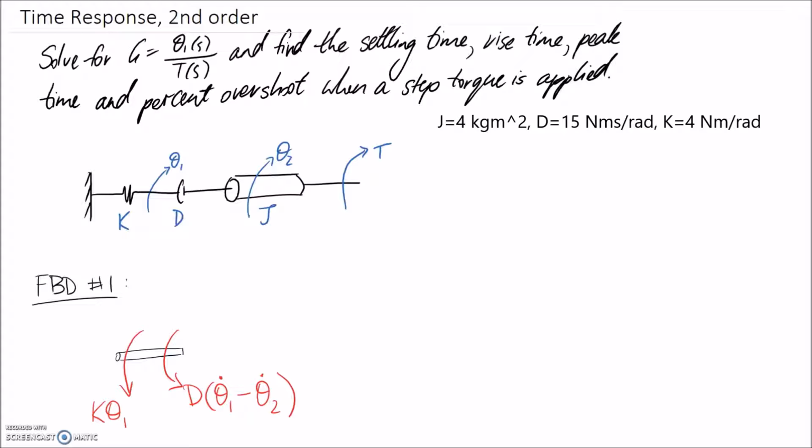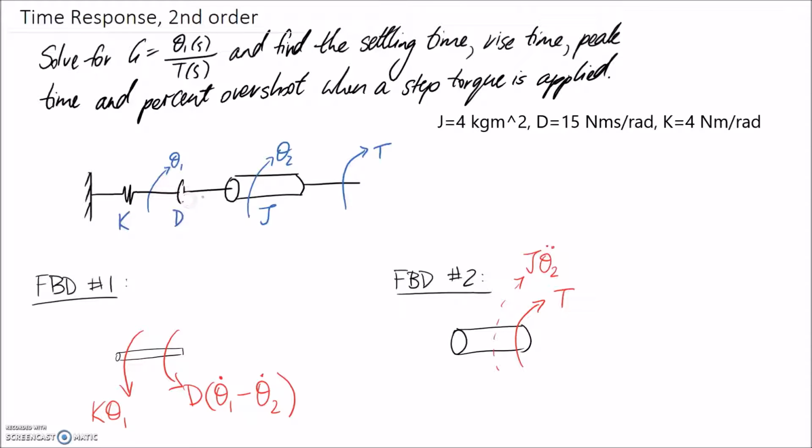Alright, so that's the first free body diagram done. Now let's do the second one, which is what's going on at this inertia part. So I'm going to draw that in. This time we have a torque applied directly onto the inertia, so we'll draw it like that. I'm going to assume that the shaft is rotating this direction, so that's J times the angular acceleration, theta double dot 2.